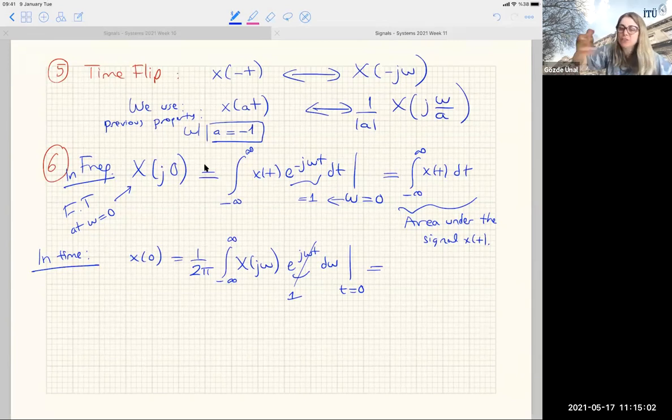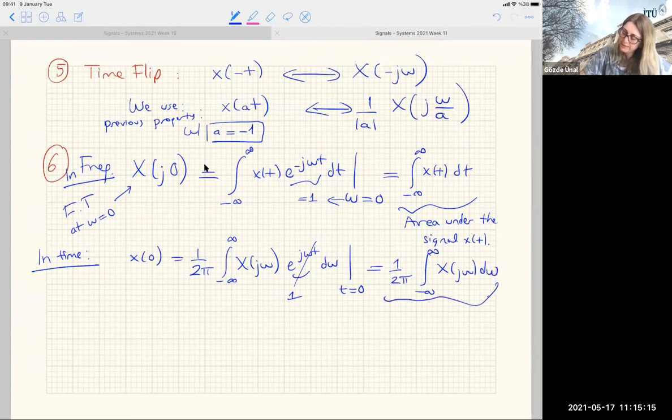This is really just applying the definition: 1/2 pi integral of X(j omega) d omega. So the area under the Fourier transform X(j omega), over 2 pi, gives me the signal value at t equals 0. This is some mathematical manipulation to show these.